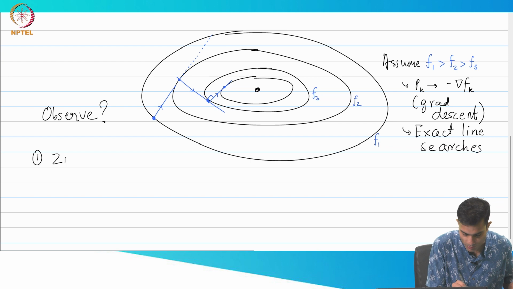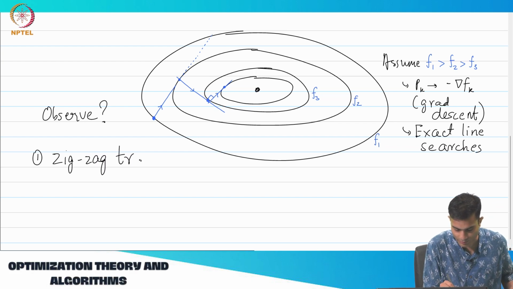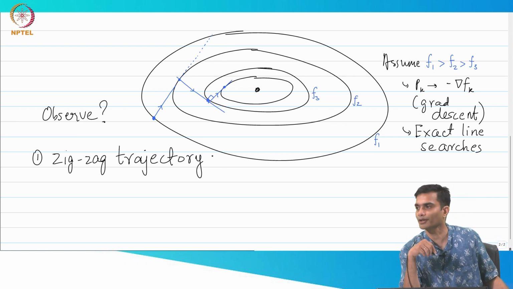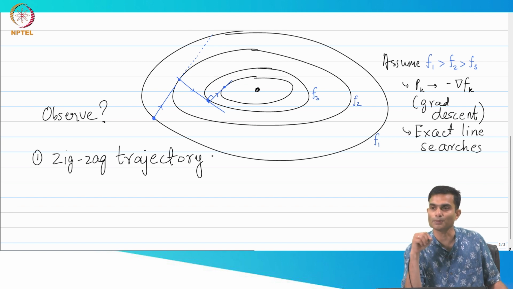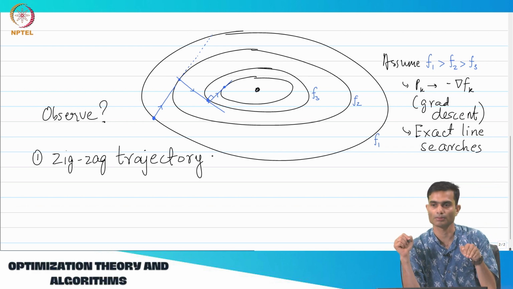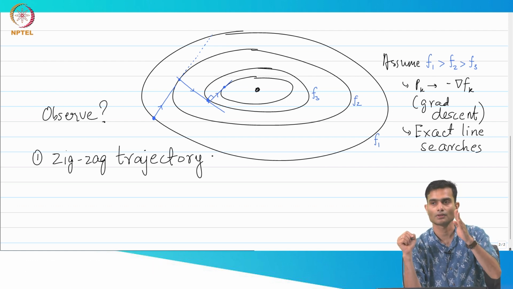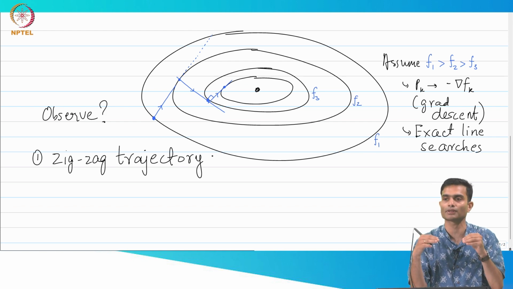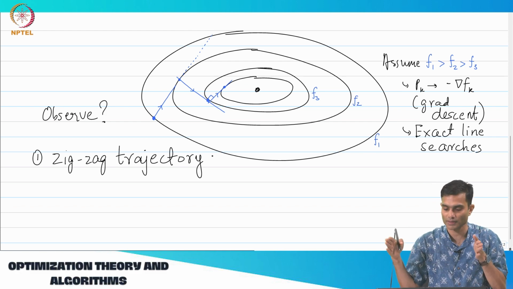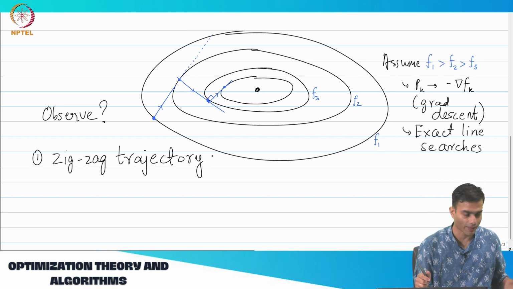So the first thing that we observe is a zigzag trajectory, which is kind of counterintuitive, because when we said steepest descent, we said we are going in the direction in which the function decreases the most. Then you would think it would just be smooth sailing into the minima of the solution. But what is actually happening is that every step that I am taking has some component in the wrong direction. I want to move towards the center, but I am going up and I am going down, I am going up and I am going down. So there is a zigzag kind of behavior observed.